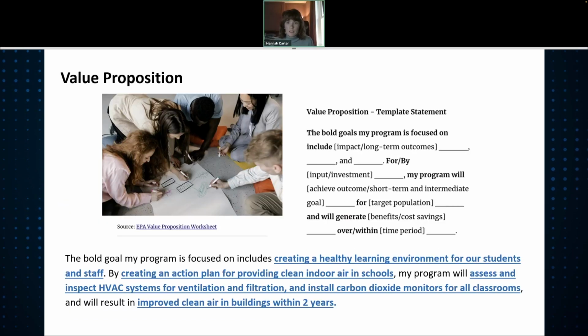An important aspect of making the case is also to communicate your value proposition to help get buy-in from leadership and the community for taking action towards indoor air quality.